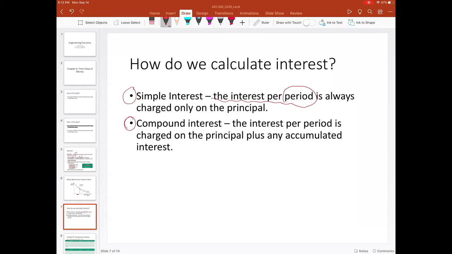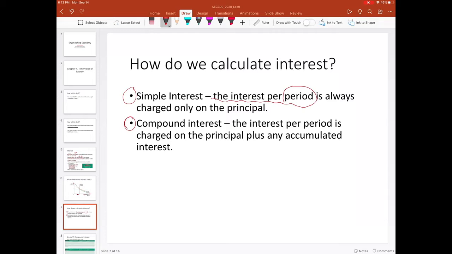So simple interest means the interest per period is always charged only on the principal. Okay, so the interest is always the initial amount of money you borrowed or lent to somebody else times the interest rate.